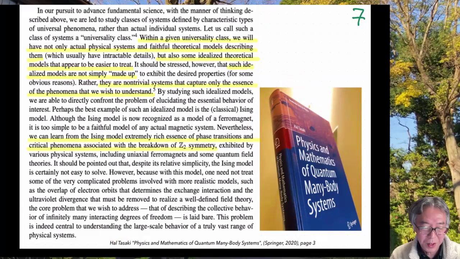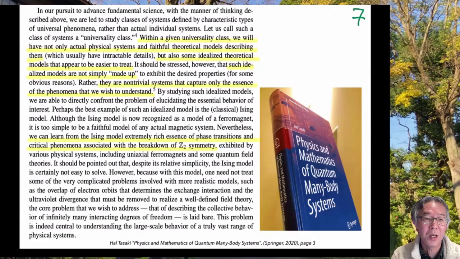But briefly speaking, let me say a brief thing. We are interested in something we call a universality class, describing some very interesting physical phenomena. Within this universality class, we have some systems which are very complicated and have many, many details. But we also have some idealized models like the Ising model, which are easier to treat. But I stress that these idealized models like the Ising model are not simply made up.